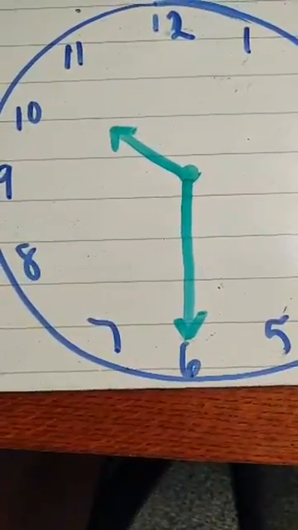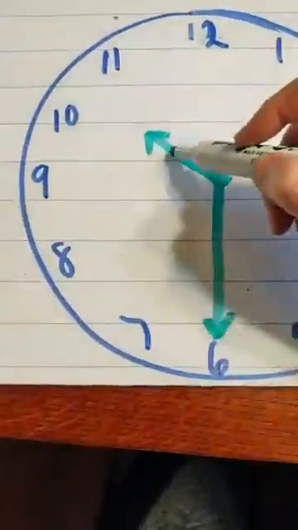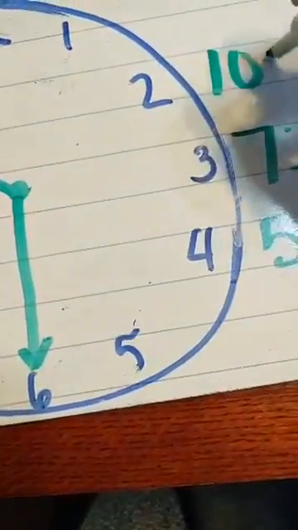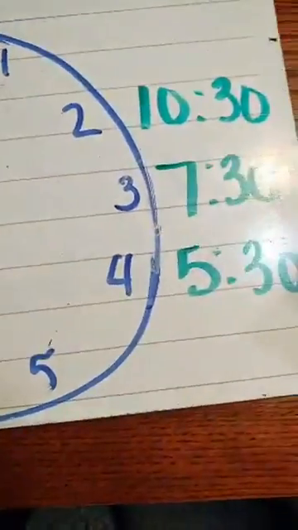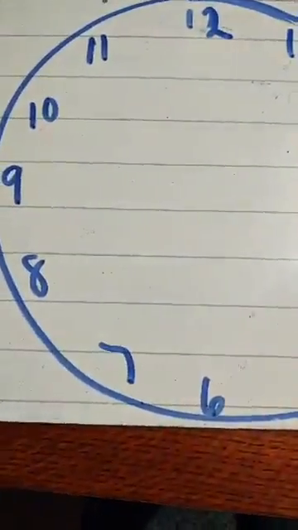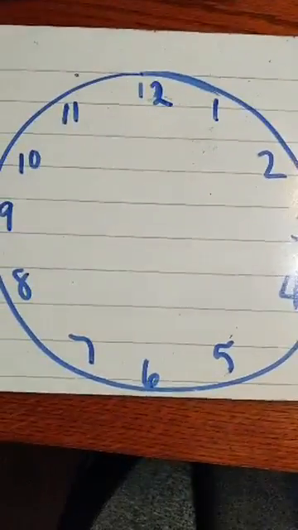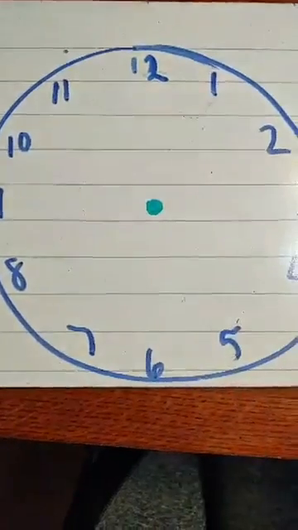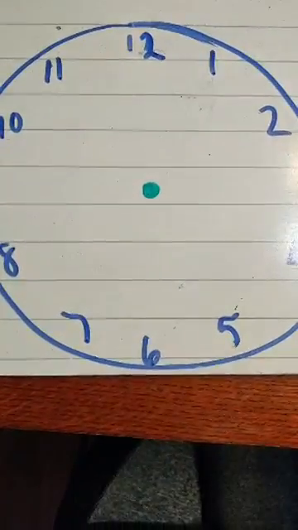So when I write this digitally, it's not all the way to 11, so it's 10:30. All right, let's see if you can get this one. 2:30. 2:30.